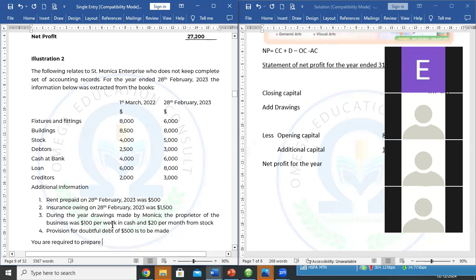Okay, remember you are preparing the thing for the year, so if it's per week, you have to multiply by the number of weeks in a year to get your total drawings in cash for that year. And we're also told she took something from stock as well. That one was monthly. Okay, so you do those adjustments to get your drawings, right?